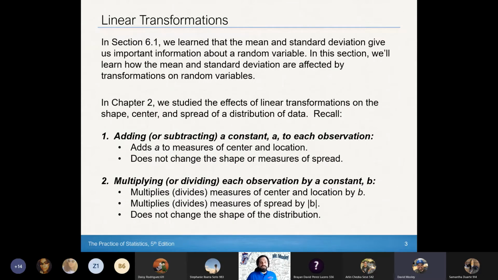Multiplying or dividing, however, each observation by a constant b multiplies or divides the measures of center and location by b, and multiplies or divides the measures of spread by b. But still, the shape does not change. So with all of the transformations that we'll look at today, the one constant is that the shape remains the same. Whatever shape you started with your random variable, if it was skewed, if it was symmetric, it will remain that same shape throughout all the transformations.